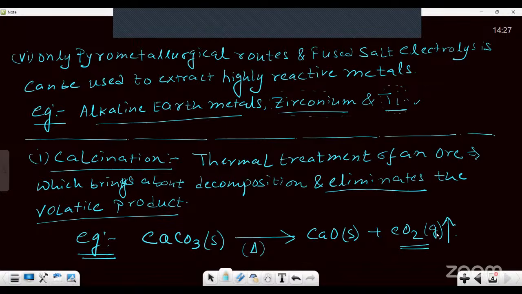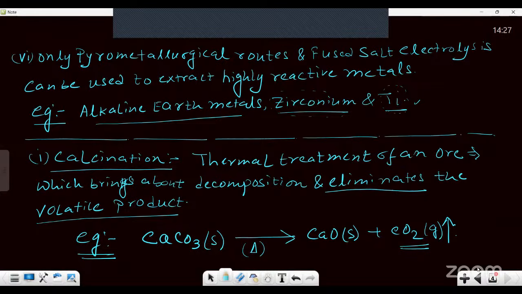So as you heat the calcium carbonate, it gets decomposed into calcium oxide and carbon dioxide. As the carbon dioxide moves out, the partial pressure of CO2 is going to drop, and that is going to drive your reaction more towards the right side, that means towards the product side.